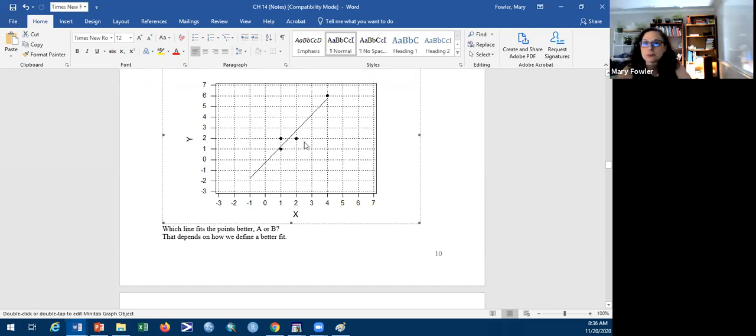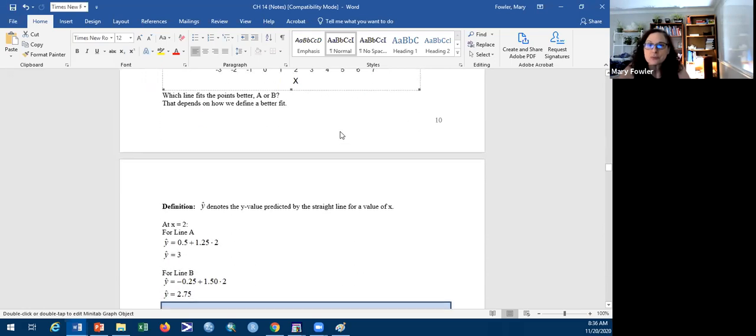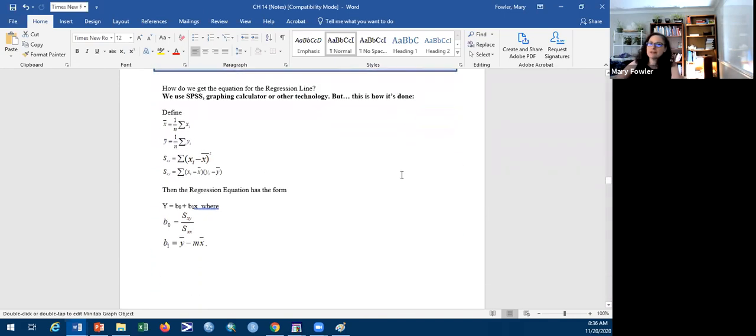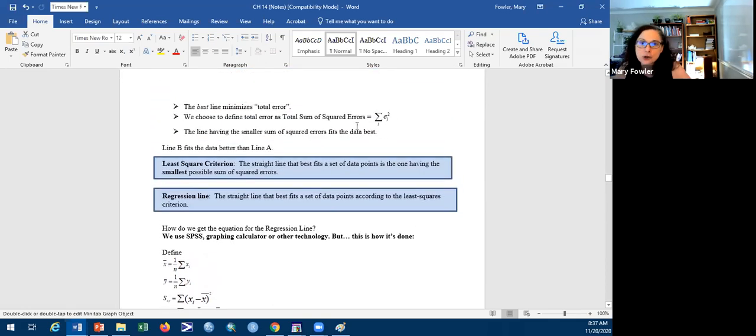And for all the points that are below the line, y minus y hat will be negative. So if we just added up all of these, a lot of the distance that the point was from the line would cancel each other out. So what we need to do then is either take absolute values or square them when we add them up. For mathematical tractability, we're going to go ahead and square those errors.